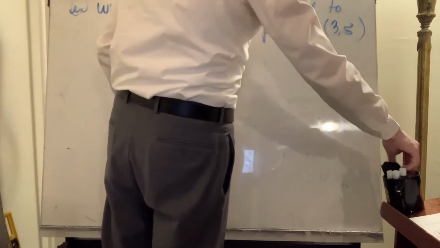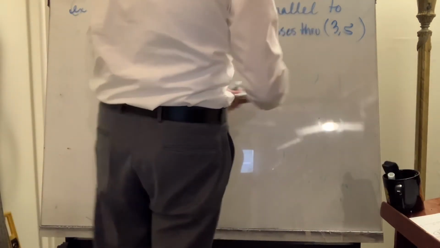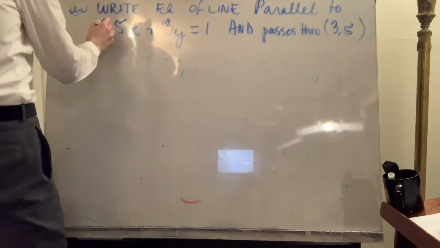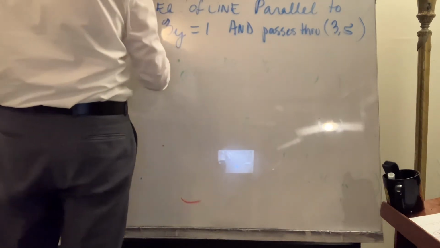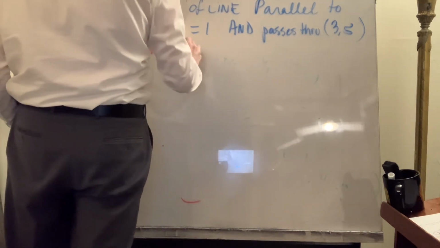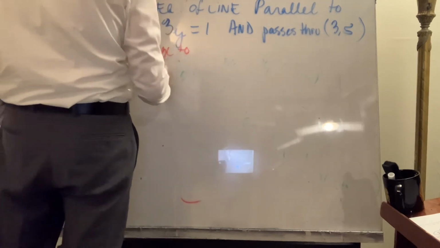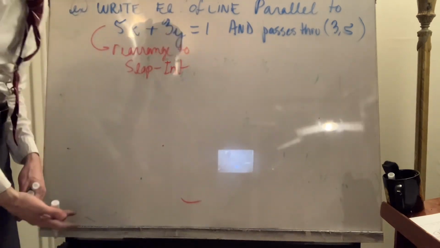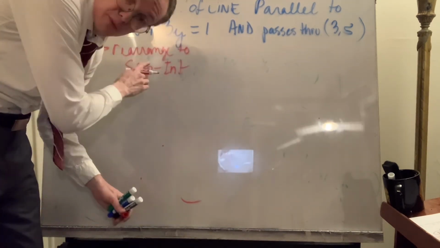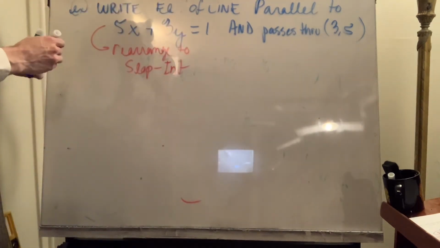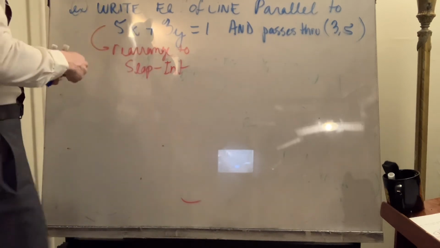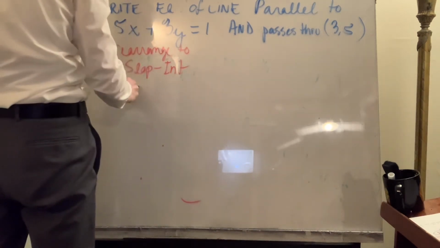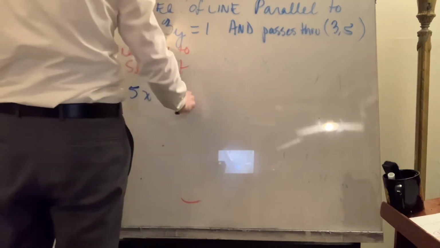So here what you would do is take this and rearrange to slope-intercept form. Why? Because even if we want something that's parallel, we would need to pluck out the slope from that. So if we do that, 5x plus 3y equals 1.